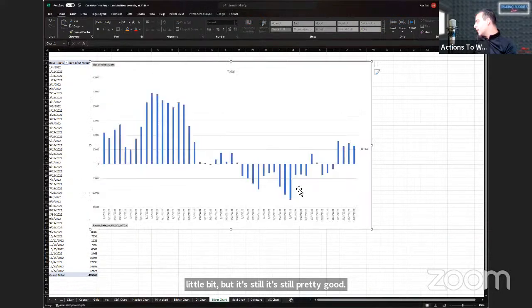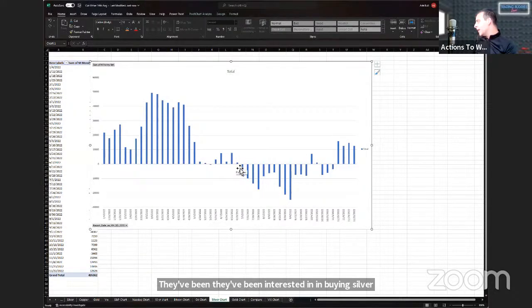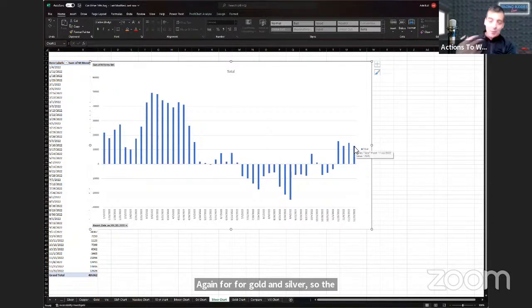Silver's been buying for the last month. They've been interested in buying silver, but when you consider it's been languishing in the lower regions for most of the year, the interest is definitely starting to build again for gold and silver. So the COT data is good for gold and silver, and it is suggesting that the bigger players are starting to come in.